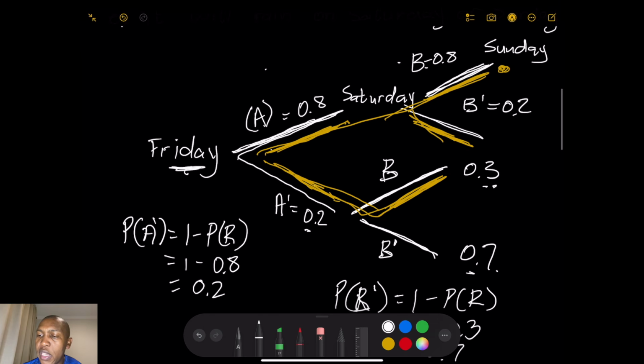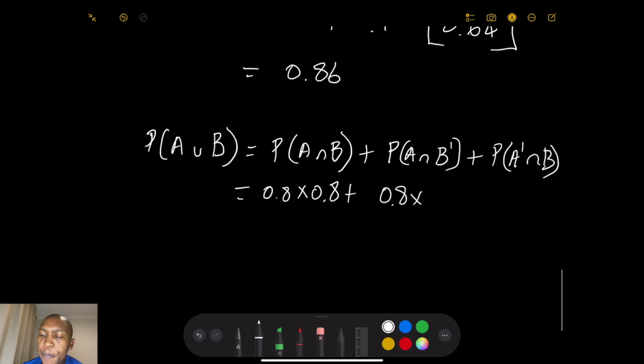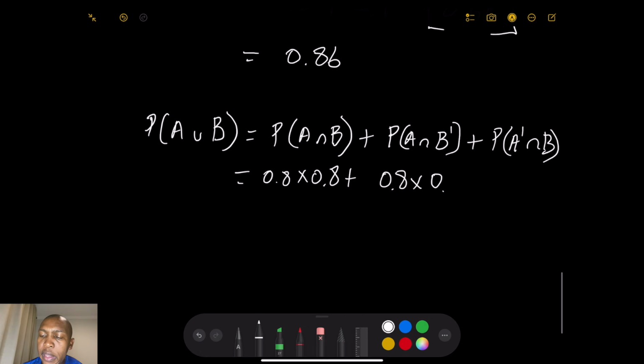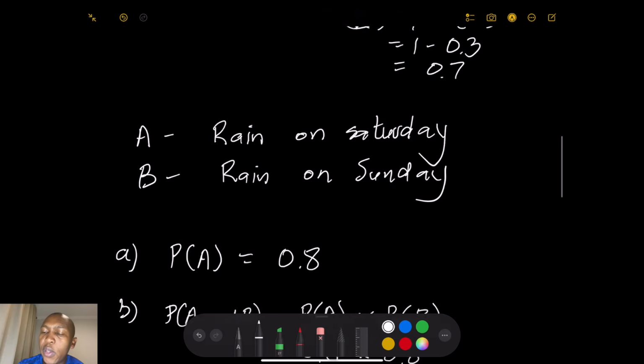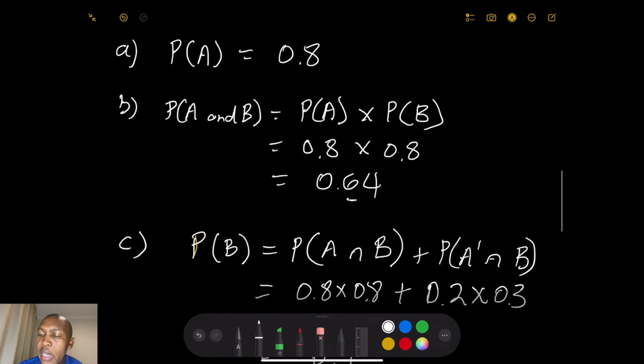Sorry about that, I just need to go back. Yes, it does not rain, that's 0.2. Okay, and in this case, of course, if it does not rain on Saturday, the probability that it does not rain on Saturday, we said that's 0.2 multiplied by, okay, so if it does not rain on Saturday, going back, what are the chances that it might rain on Sunday?